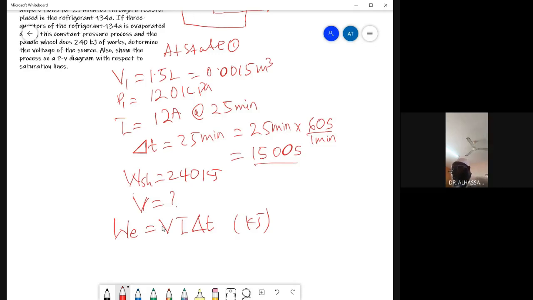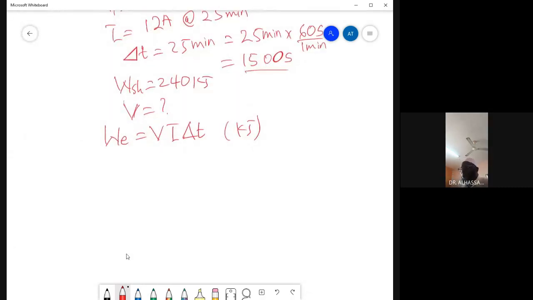But we have to make sure that we don't know WE. WE is not given. I'm very sorry for that. If we knew WE, it would have been straightforward. Our voltage is going to be WE divided by current times delta t.